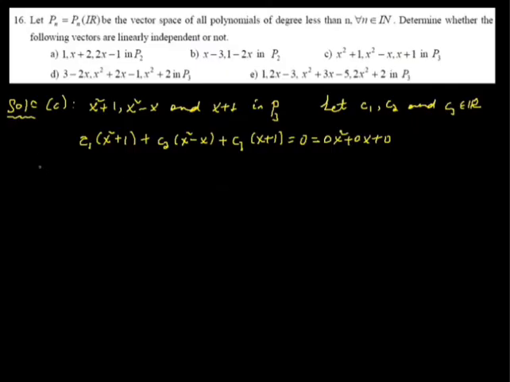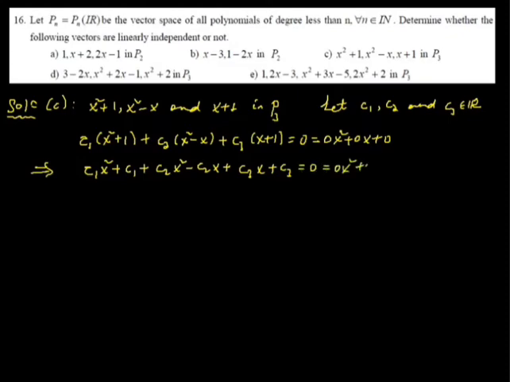For the sake of comparison እንደዚህ አድርገን መጻፉ የተሻለ ነው የሚሆነው. So distribute this constant ምን ይሆናል? c1x squared plus c1 plus c2x squared minus c2x plus c3x plus c3 is equals to 0.